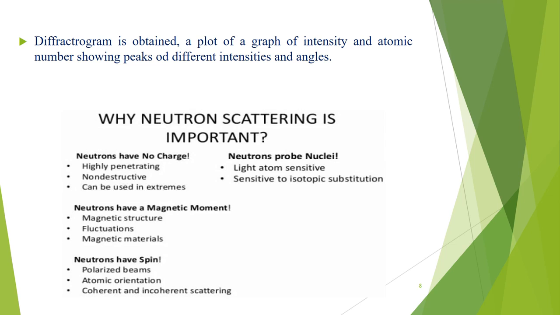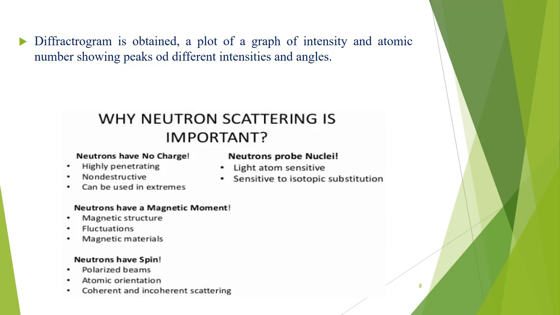So here is some information on why neutron scattering is important. Neutron scattering is important because neutrons have no charge. It is highly penetrating. It is a non-destructive technique. It can be used in extreme conditions. Neutrons have a magnetic moment.